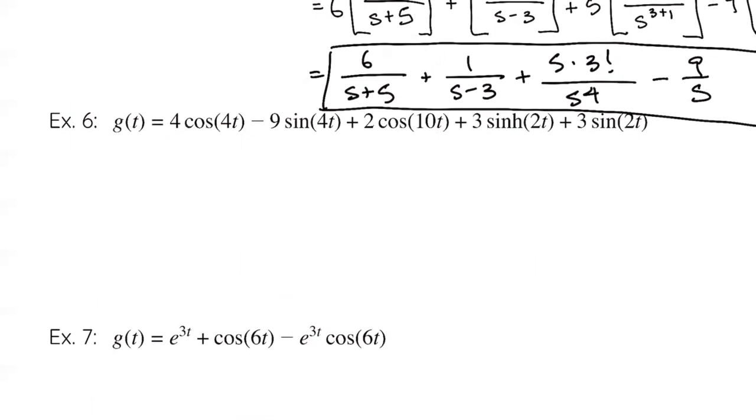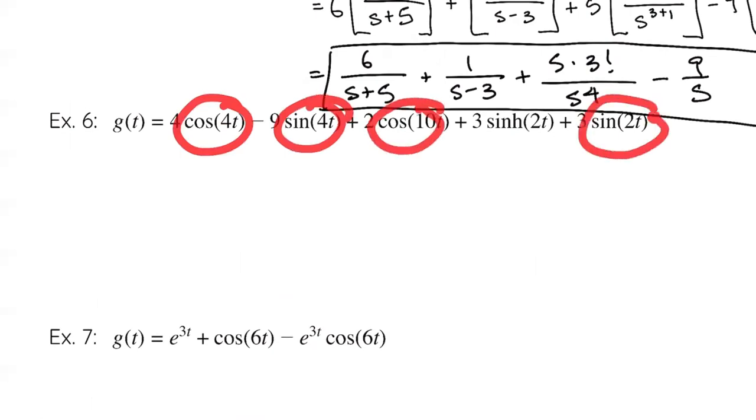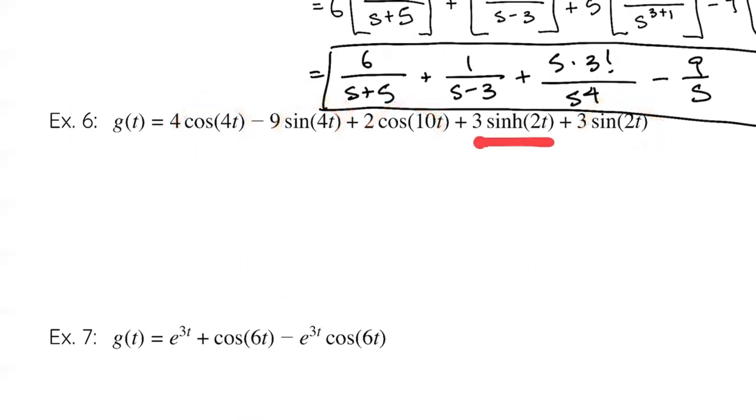Some of them are our regular trig functions, cosine, sine, cosine, sine, but one of them is one of our hyperbolic trig functions. And so sine with an H on the end is not a typo. It can be pronounced one of two different ways.